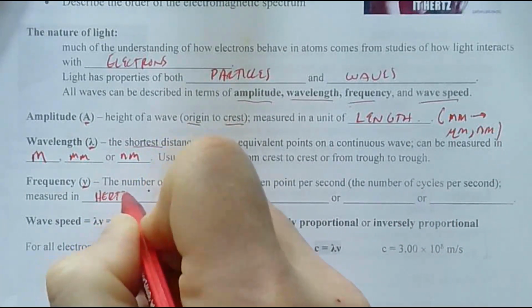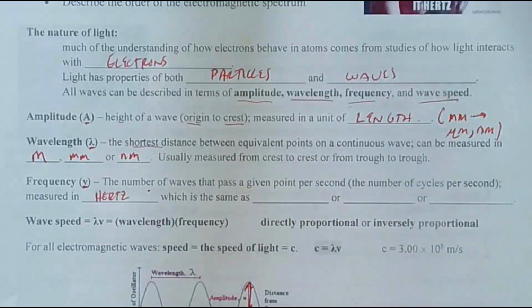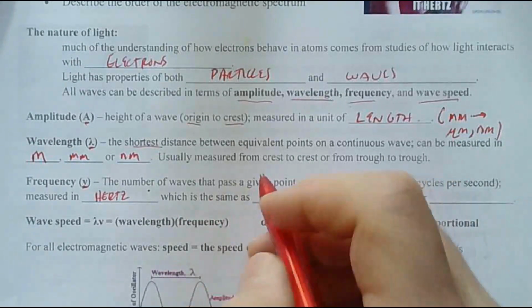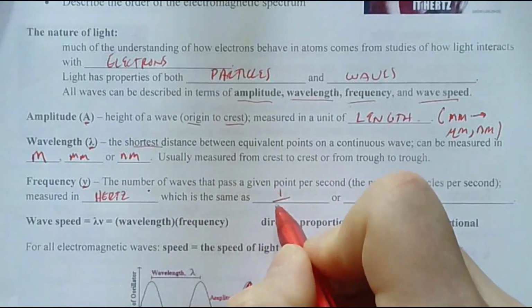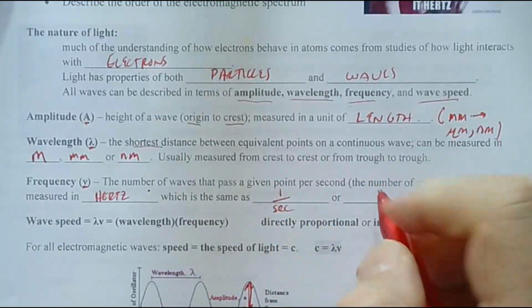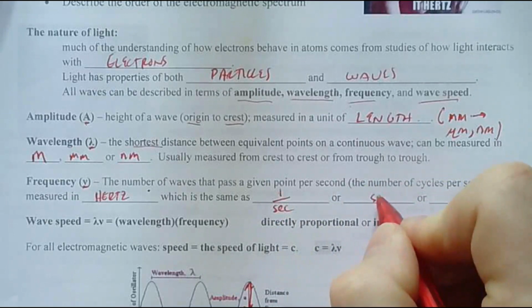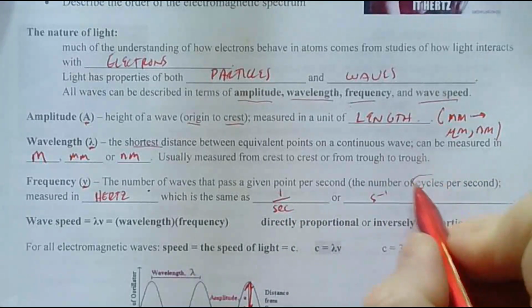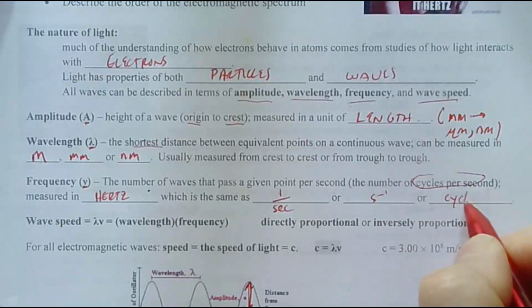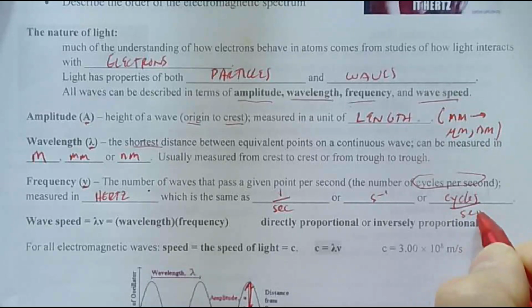You may have heard this term before, probably in the context of a rental car company. But hertz is defined as 1 over seconds, or seconds to the minus 1, or just cycles per second. All these three things mean the same thing, which is hertz.